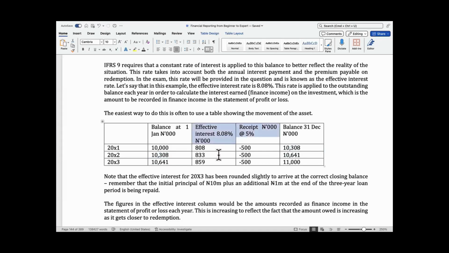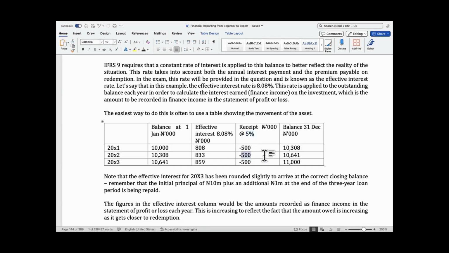Again, you apply the 8.08%, it gives you 833, which you are going to recognize to your P&L. You receive 5%. This 5% that you receive is always calculated on the principal sum. So it's fixed.